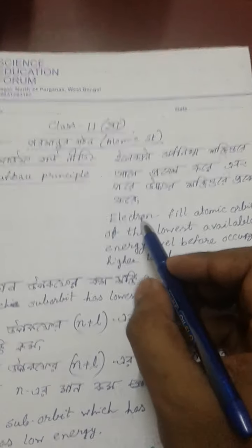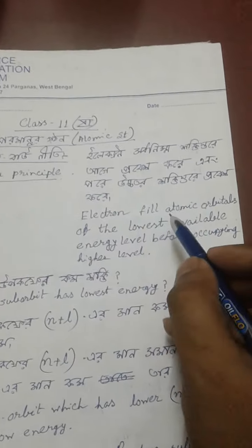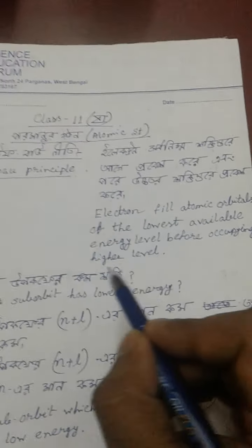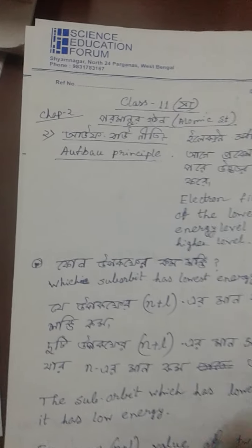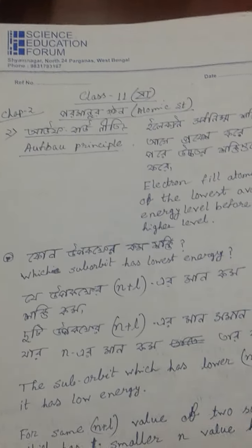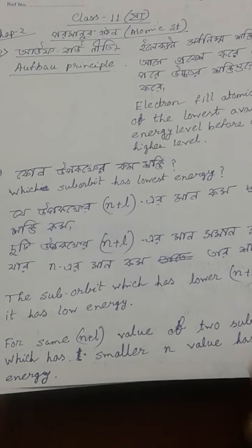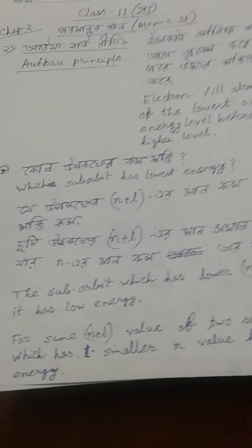This is the Aufbau principle, and the principle says electrons fill atomic orbitals of lowest available energy before occupying higher levels. But how can we know which one has the lowest energy level and which one has a higher energy state?